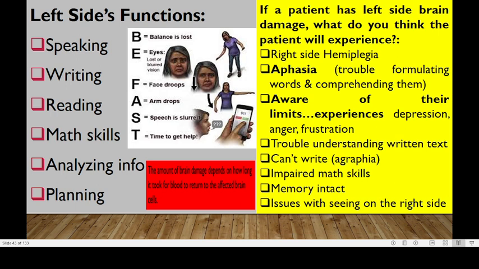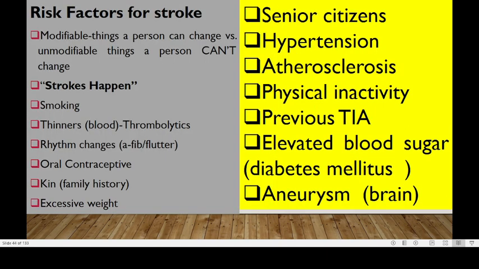Okay, guys, so we can have now the other parts in terms of risks. So we are saying that these risk factors should be divided into modifiable and non-modifiable. Modifiable are things a person can change, and non-modifiable are things a person can't change.